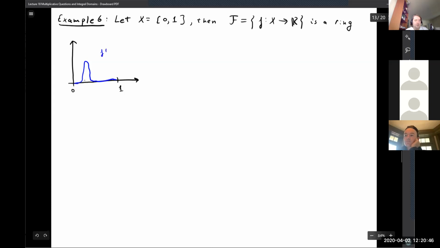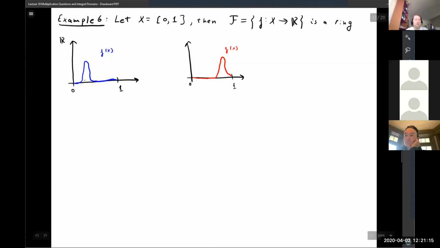This will be f of x. And another function will be 0 almost everywhere, but will have a hill at a different place. Let's say this is g of x.